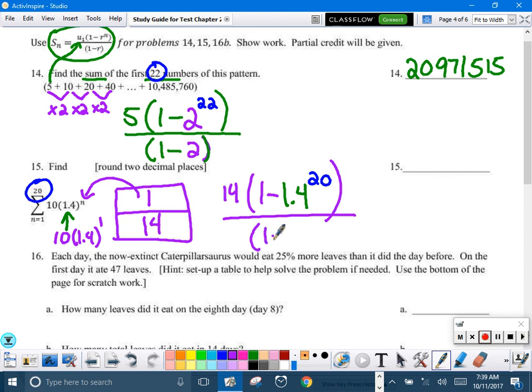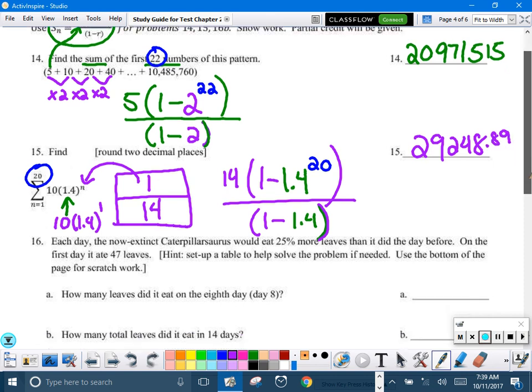Divided by 1 minus 1.4. Type that into the calculator. Okay, again, I know I'm going fast here, but you can pause this at any time. So that is 29,248.89.